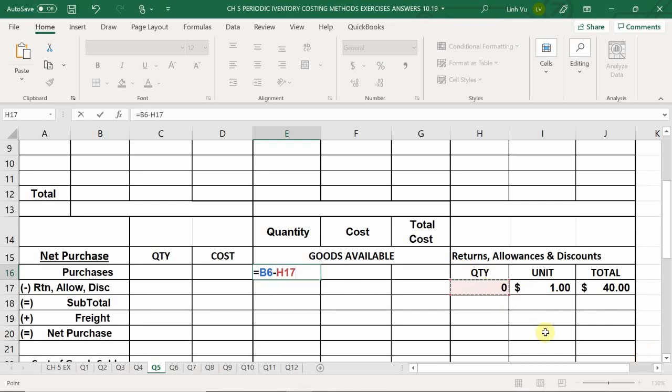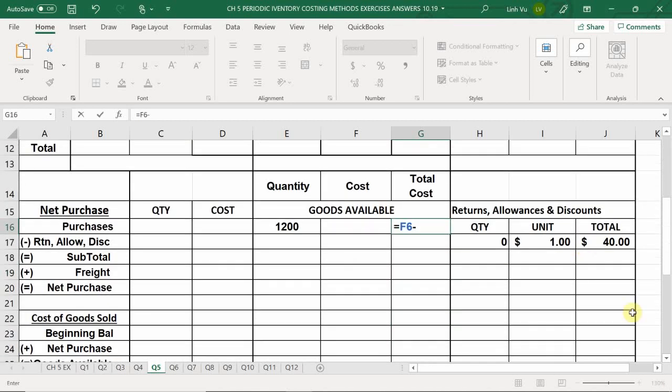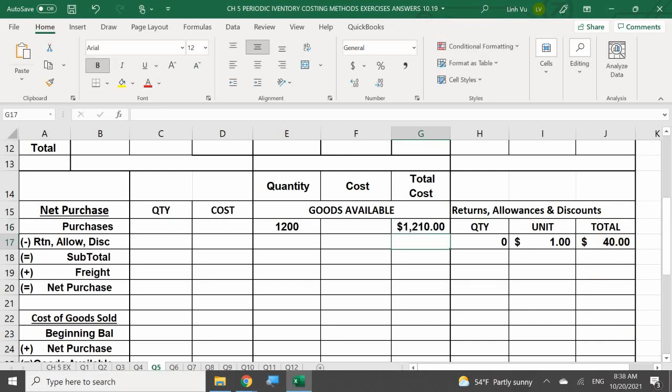So the vendor convinced me to keep those items, but give me a 20% discount instead. So I still have 1,200 units, however I received a $40 discount. So I don't have my $1,250 anymore. I have $40 less, which is $1,210.